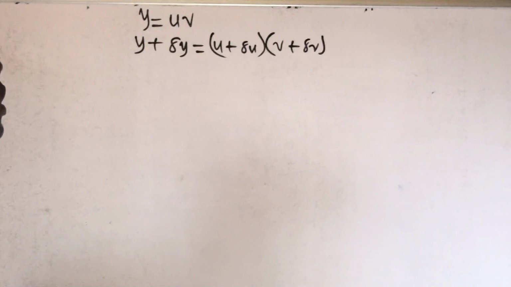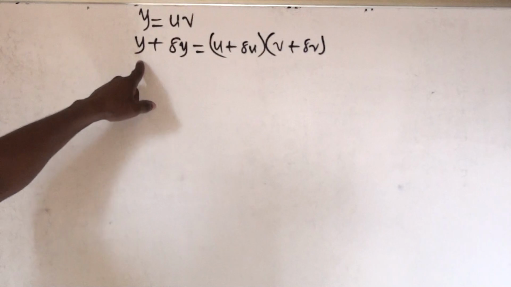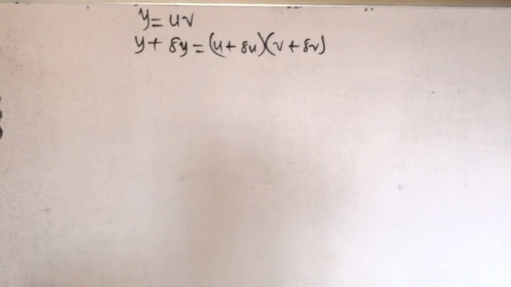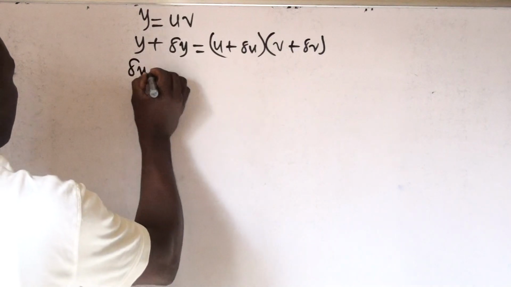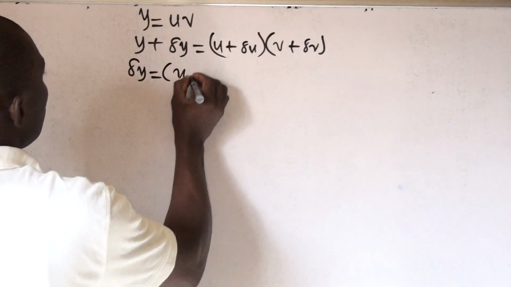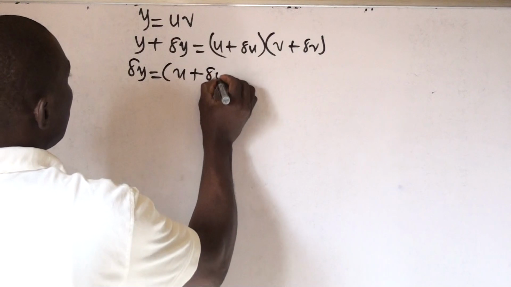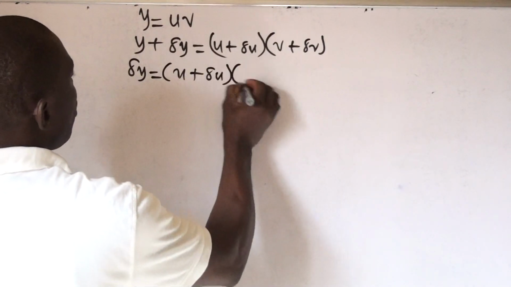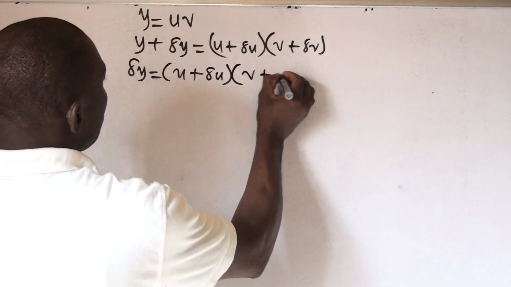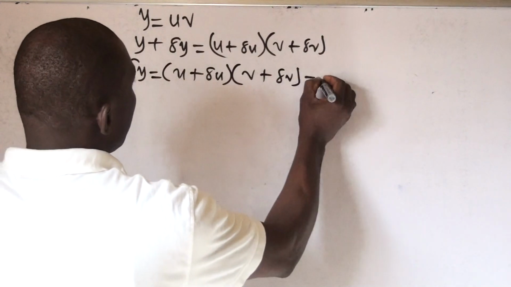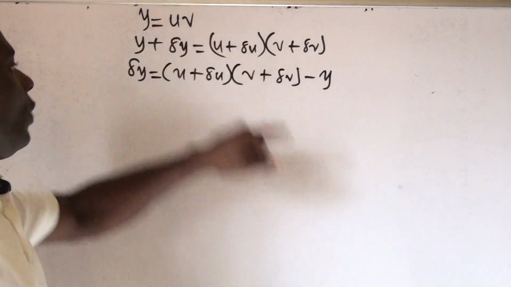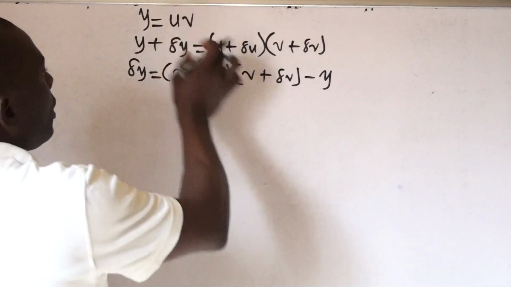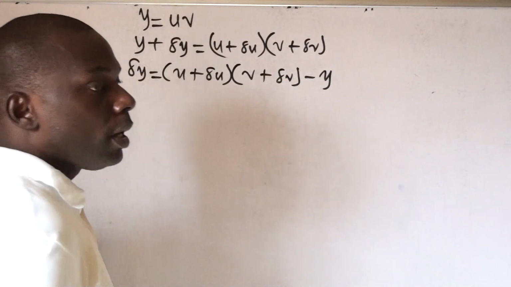Okay, here we move the y from the left-hand side to the right-hand side, and this becomes delta y equals (u plus delta u)(v plus delta v) minus y. And we know that our y is uv, so in place of y, we substitute uv.